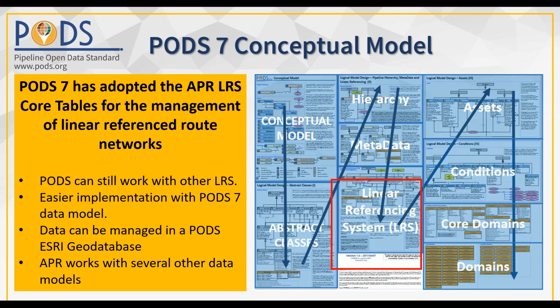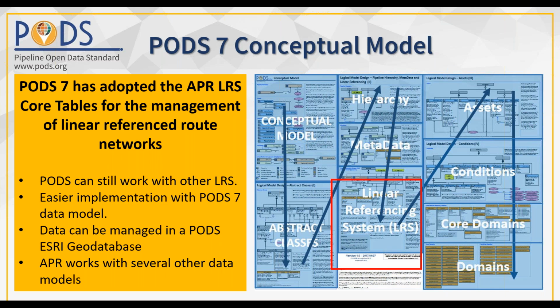The linear referencing system has existed in previous versions, and it's still a part of the conceptual model. The difference here at Pod 7 is that Pod 7 has adopted the Esri APR linear referencing system as one of the core tables for managing these linearly referenced networks that we saw just a second ago.